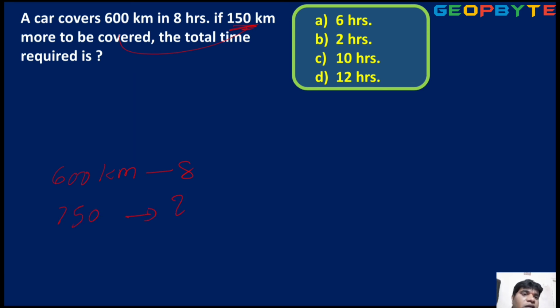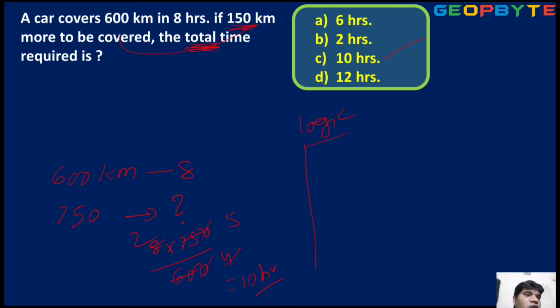Requirement is the total time. Cross multiplication: 8 into 750 upon 600, zeros cancel, 15 fours are 60, 15 fives are 75, so the total time is 10 hours. This is the original method.